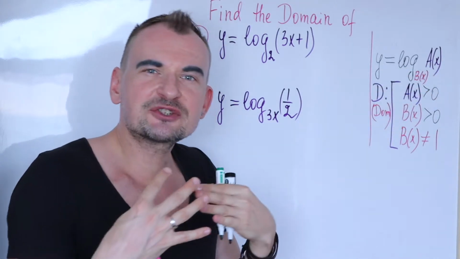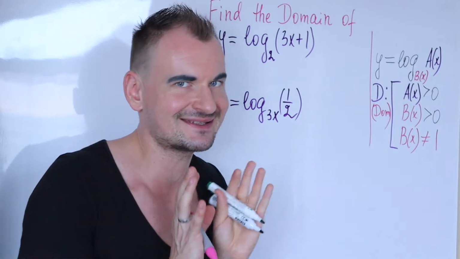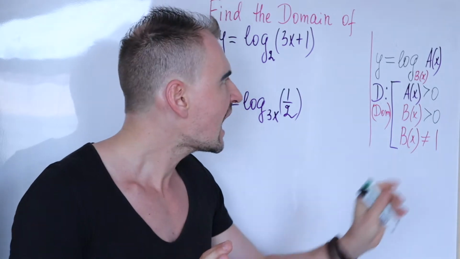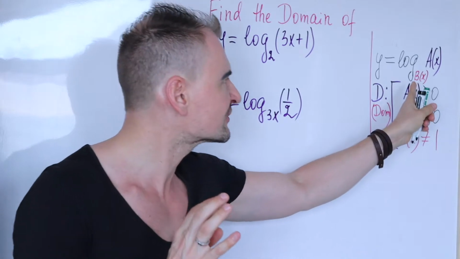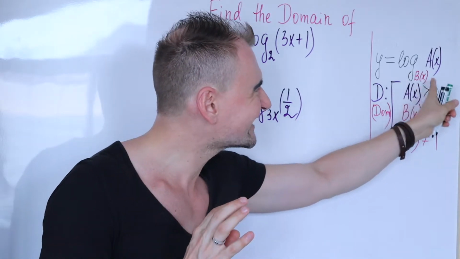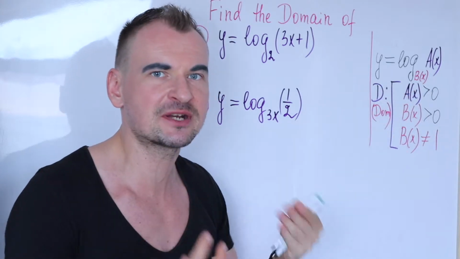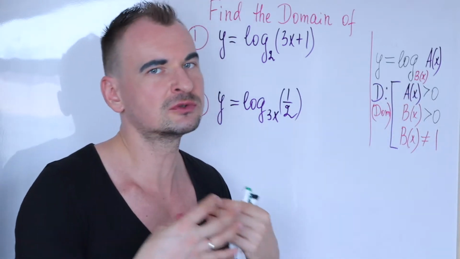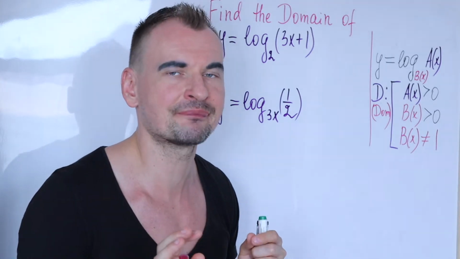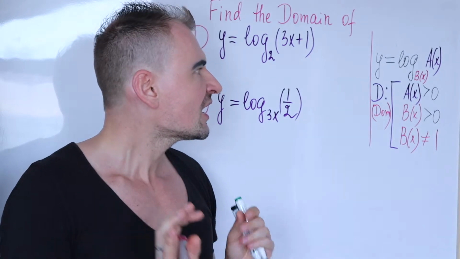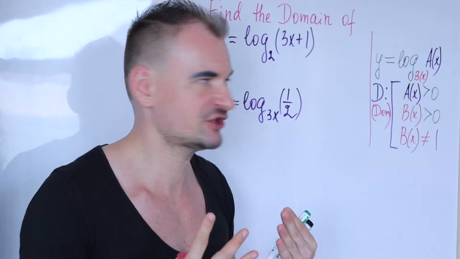It can be any expression in terms of x, or just a single number. And your log function also has a base, which is indicated by b of x. It could be any expression in terms of x, or an actual single number. Anyway, there are restrictions for these expressions.